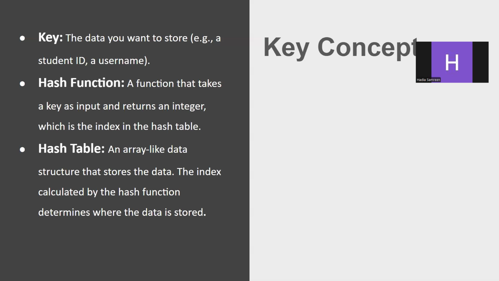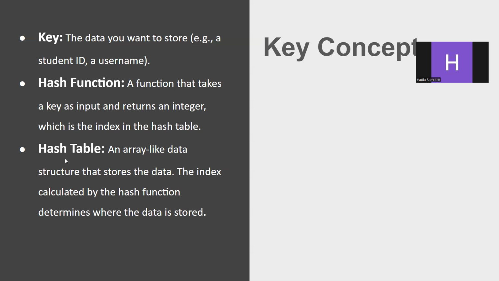We give our key as an input, and it returns an index, a particular position for us, so that we can store that particular data at a particular memory space. That is what a hash function is.